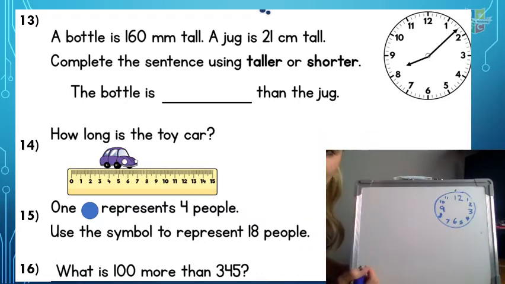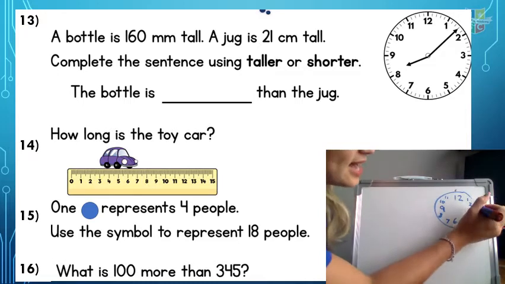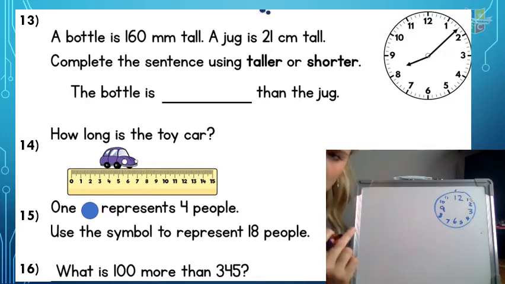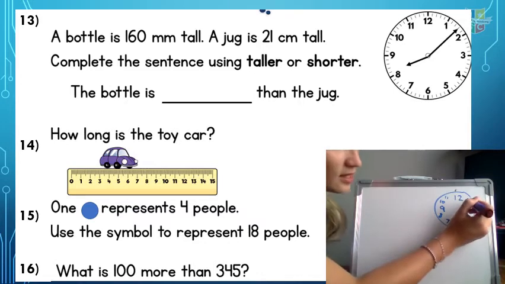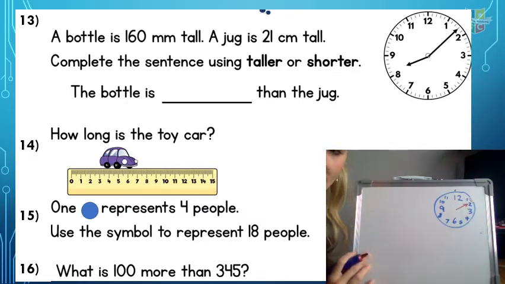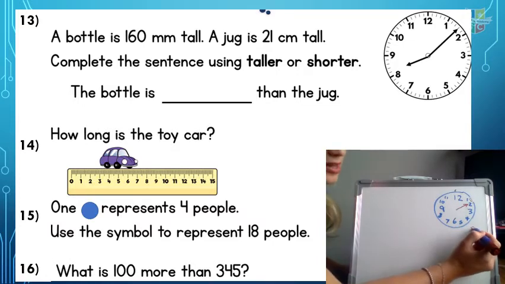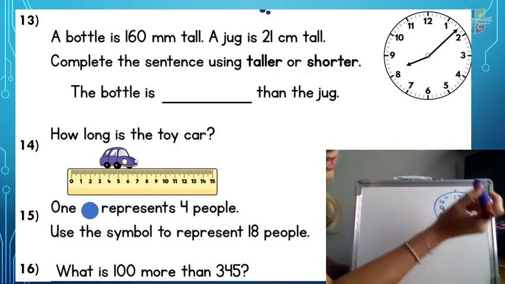Okay, so let's have a look at this one. So this time my minute hand is not on a full number, it's on a small one. And I know that each small line represents 1. So I can see that my minute hand is pointing to a small line. So if I count this, I know it's on the past side of the clock. So I'm going to count.